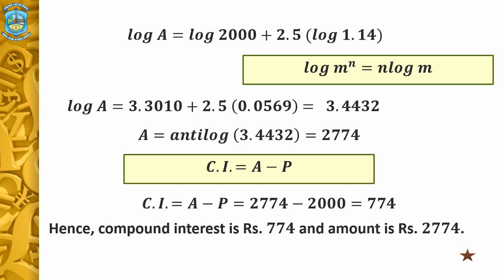Hence, the compound interest is rupees 774 and the amount to be paid is 2774.